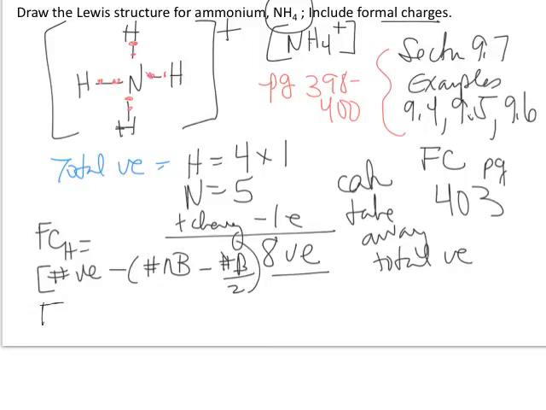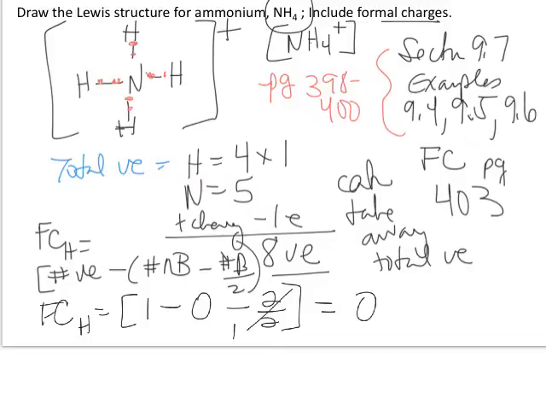So formal charge for hydrogen would be 1 minus 0 minus 2 divided by 2, which works out to be 1. 1 minus 1 is 0. Formal charge for nitrogen: its valence electrons is 5, it's in group 5, minus 0 non-bonding.